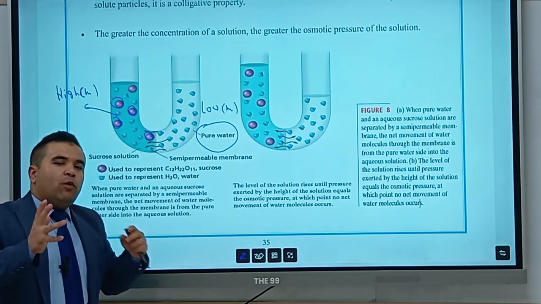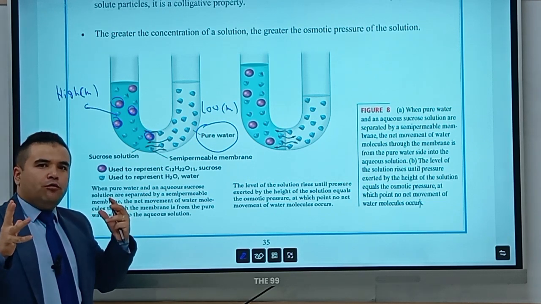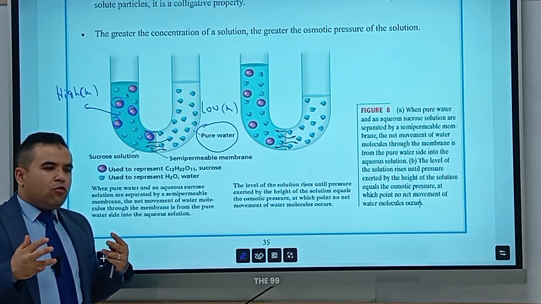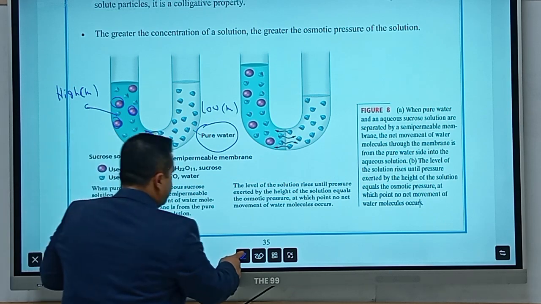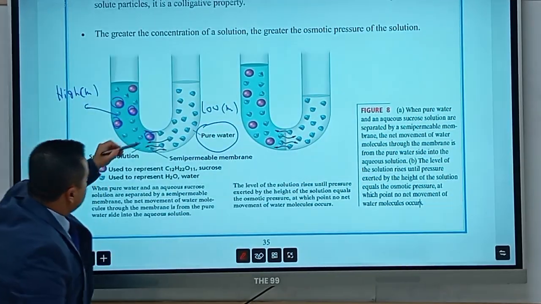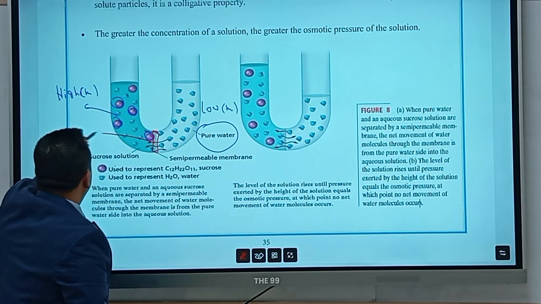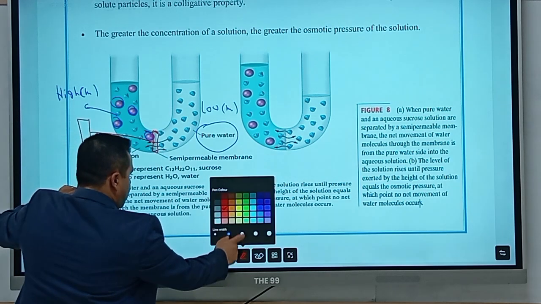And you know that whenever there are two solutions, or a solvent with a solution with different concentrations, there will be movement of particles. What movement of particles, guys? Through what? As you can notice here, we have got a membrane. Let me enlarge the membrane here to explain what the function of this membrane is, how it works.